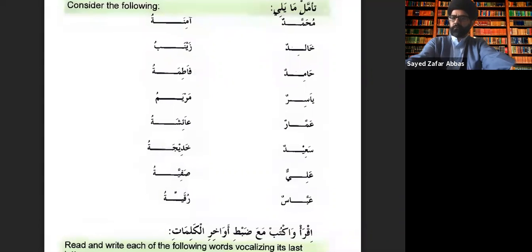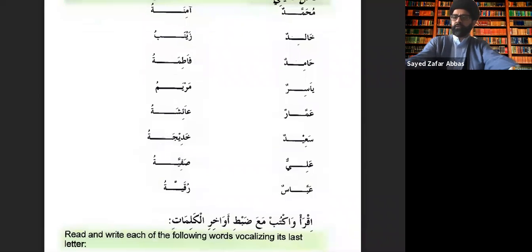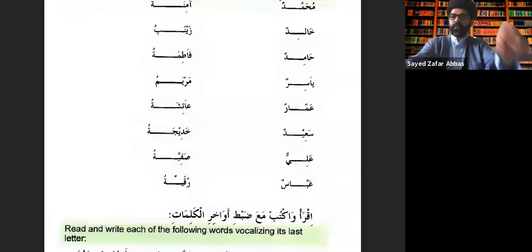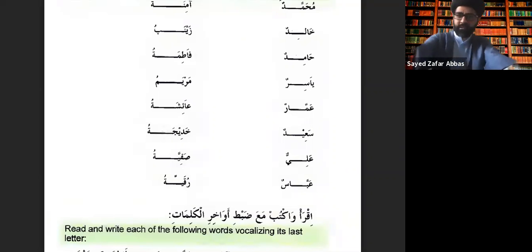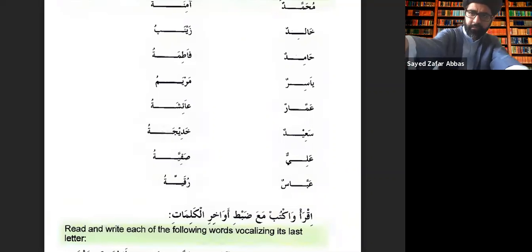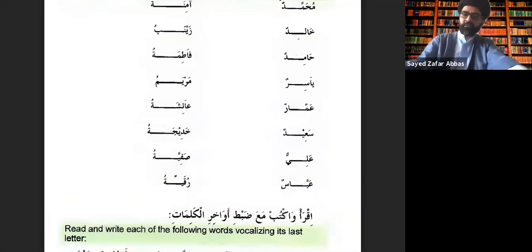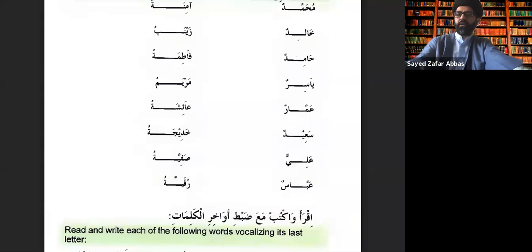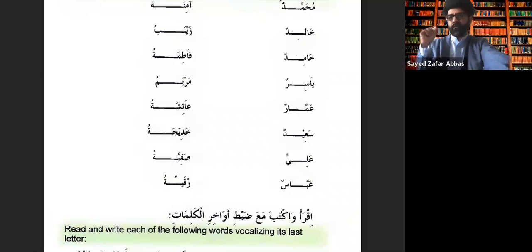Okay. Now you notice that on the right hand side, the right column, we've got the names of boys, of guys. And on the left hand side, we've got the names which are female. And you notice that most of them, not all of them, but most of the names on the left hand side are ending in ta marbuta, right?